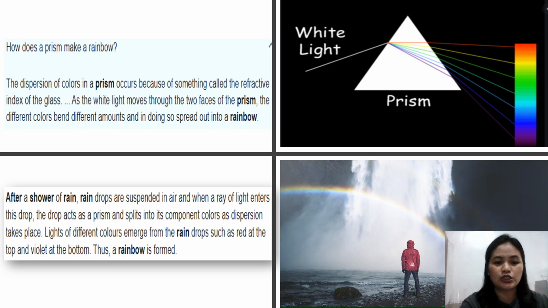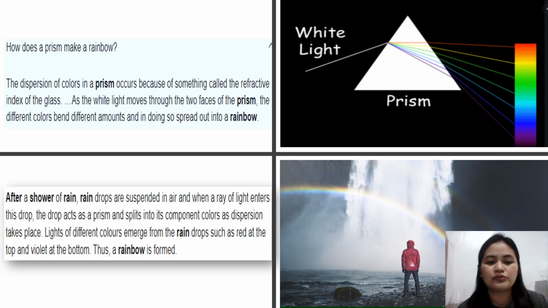Light of different colors emerge from the raindrops, such as red at the top and violet at the bottom. Thus, rainbow is formed. So that is the constant arrangement of rainbow colors. Ano? Red on top and violet at the bottom. We have the ROY G. BIV acronym.